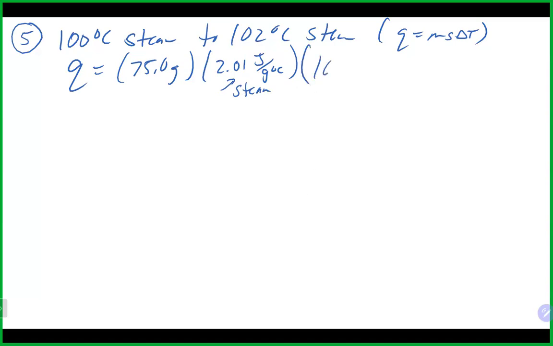Our final temperature here, 102 minus 100. That's going to get us about 301.5 joules. We have now hit, going through these 5 different steps, 102 degrees Celsius.